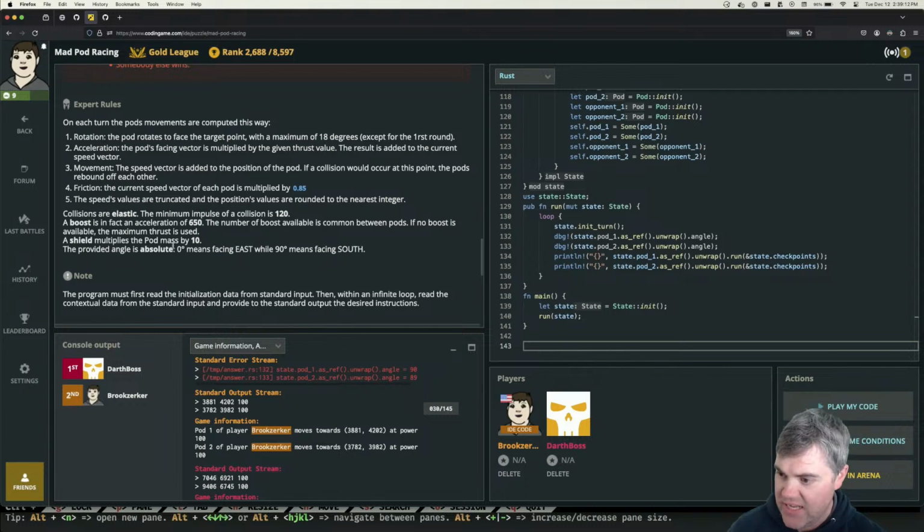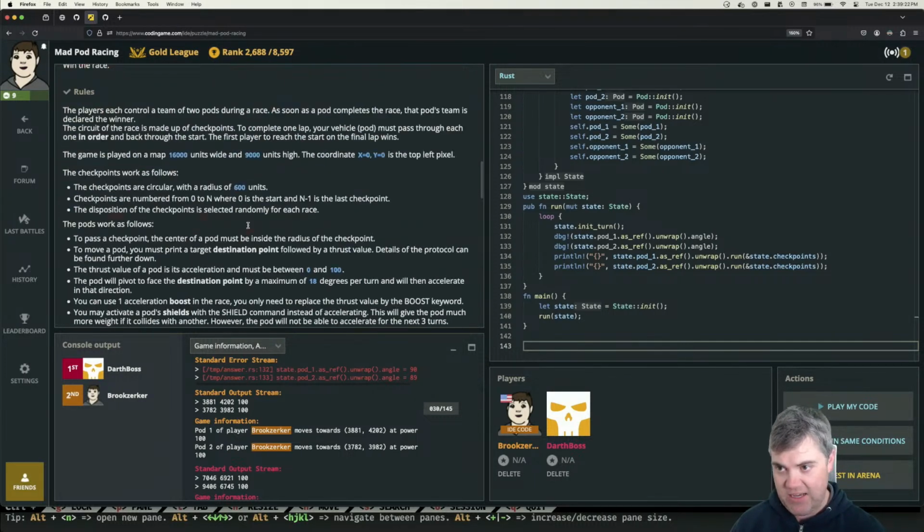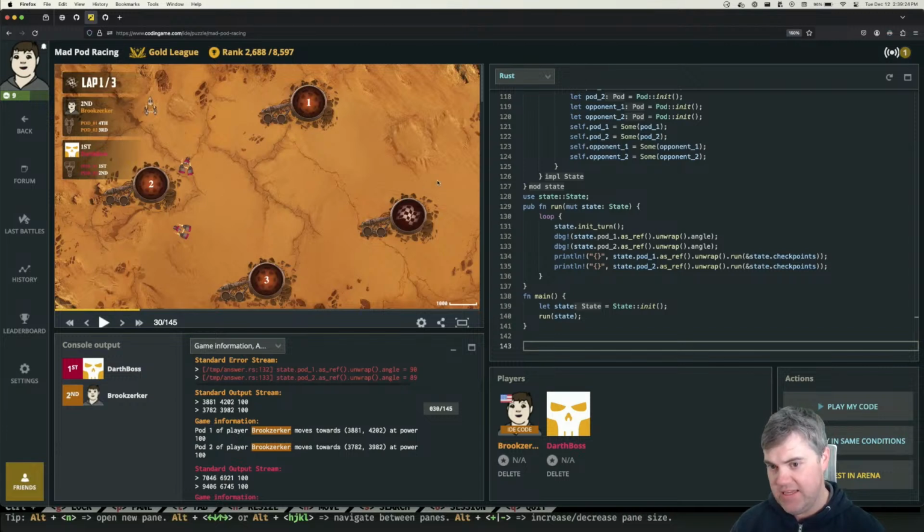The provided angle is absolute. Oh, that's what it is. For some reason I misread that. 0 degrees means facing east, so 90 means facing south. 0 is east. Interesting that they would choose that.